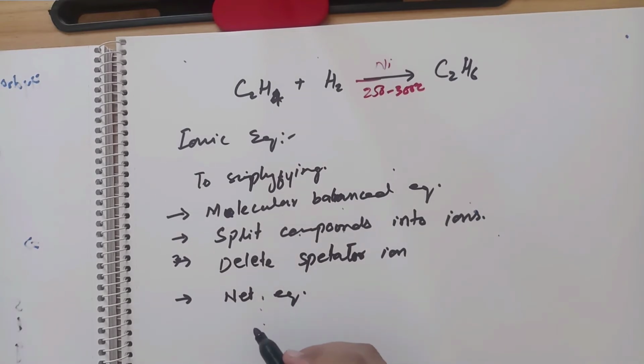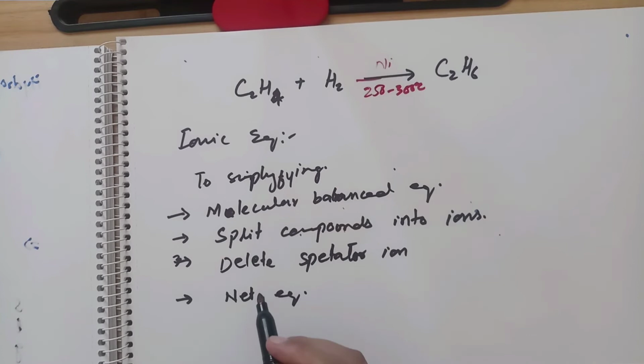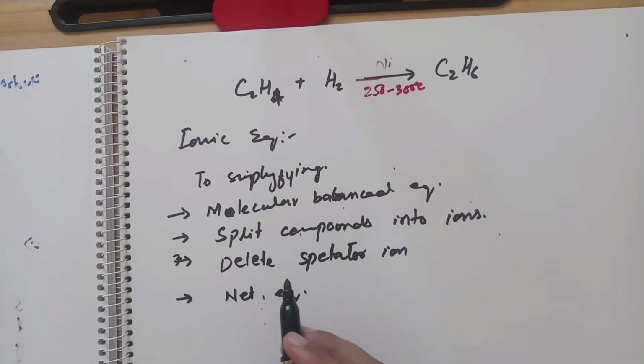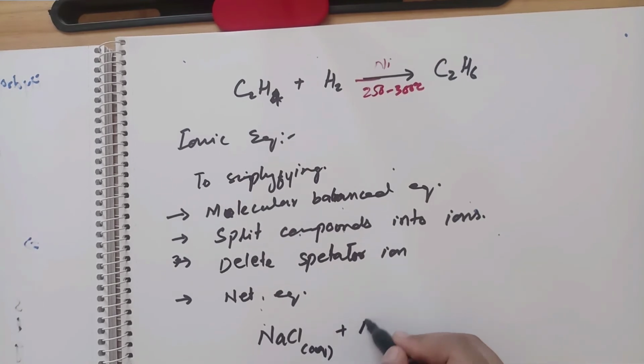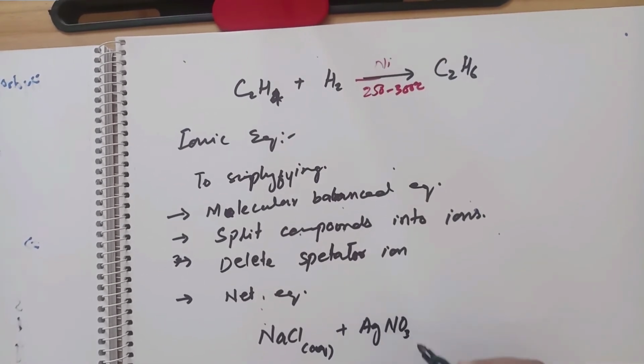For example, when the solution of sodium chloride and silver nitrate react together, they form the precipitate of silver chloride. If I write the chemical equation of this description, the solution of sodium chloride, formula is NaCl, and as it is in a solution, I will write the state symbol aq. And silver nitrate, AgNO3, again it makes a solution, so I will write aqueous here.